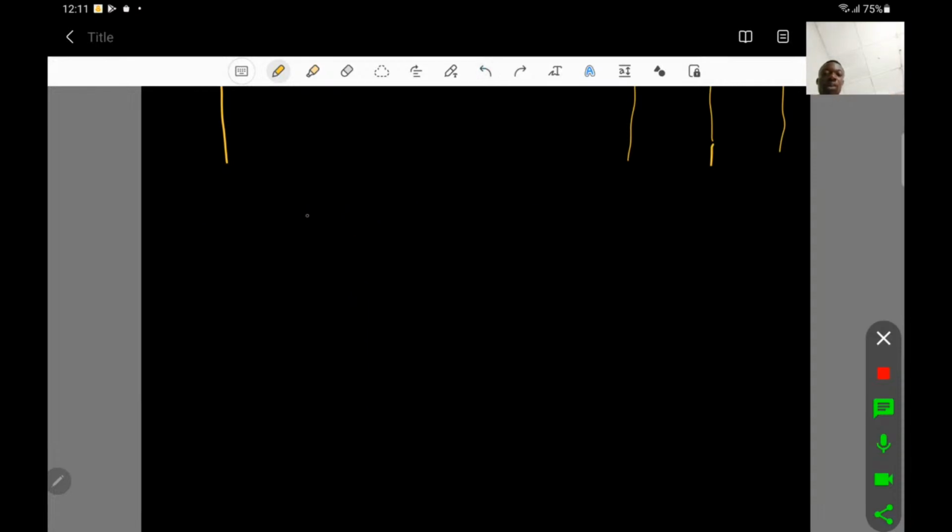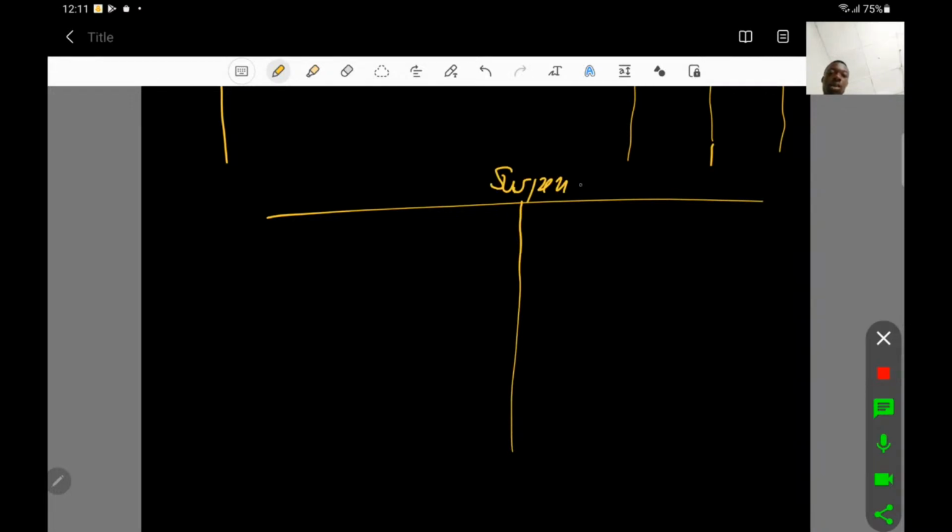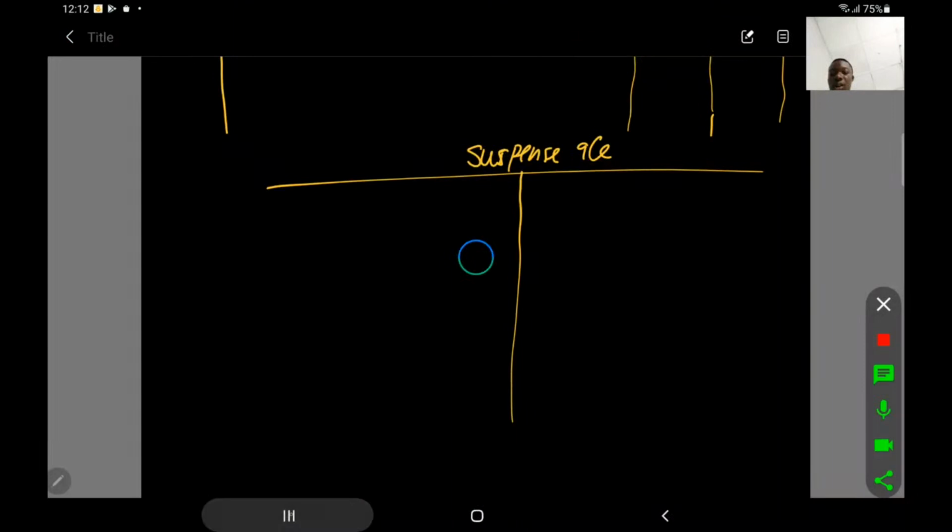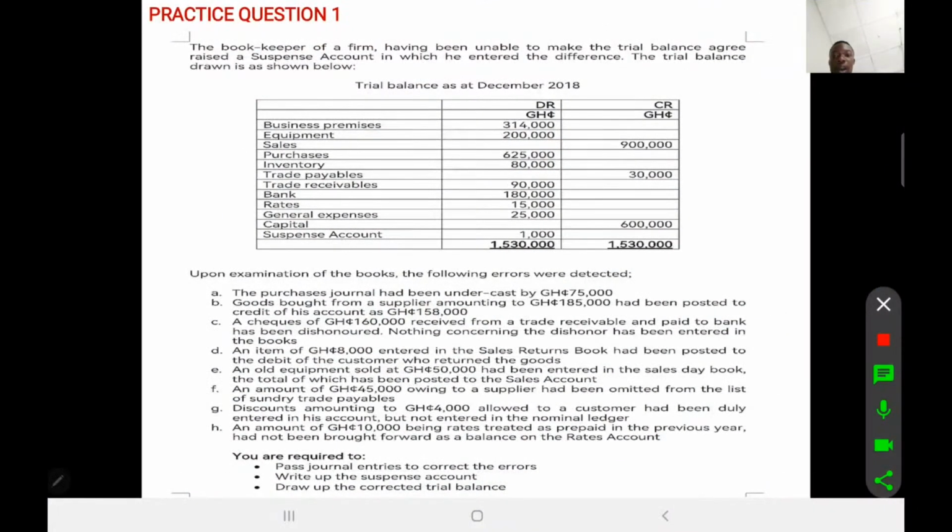So suspense account. Realize that at the beginning of the period we're having a suspense amount in the trial balance. If you can check this figure here, the 1,000, that was the amount in the suspense account.